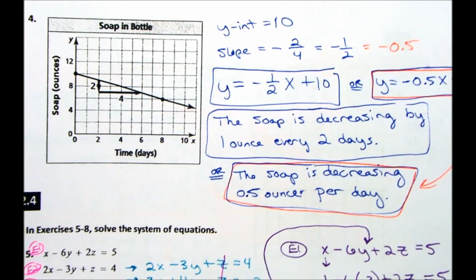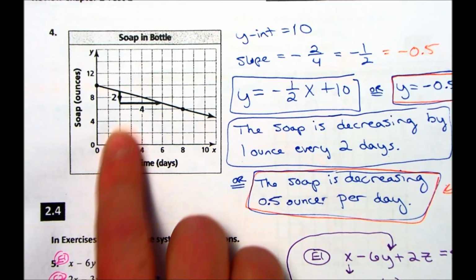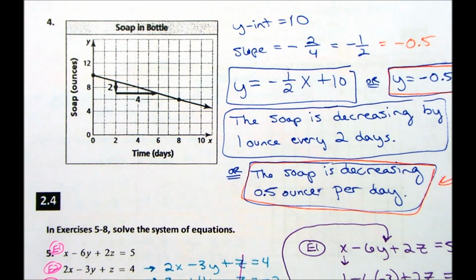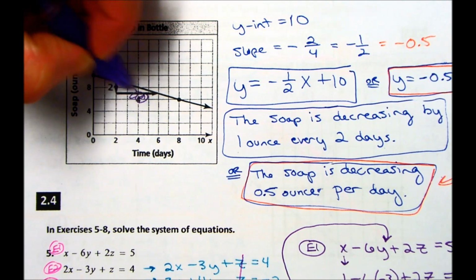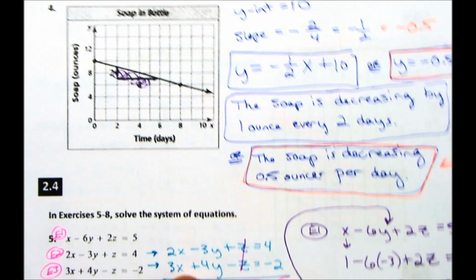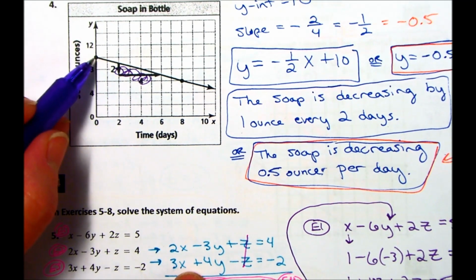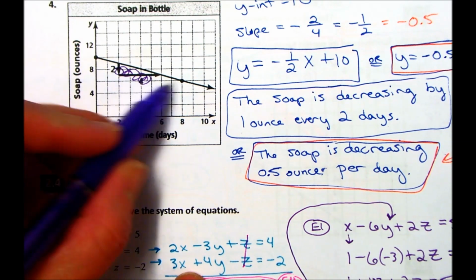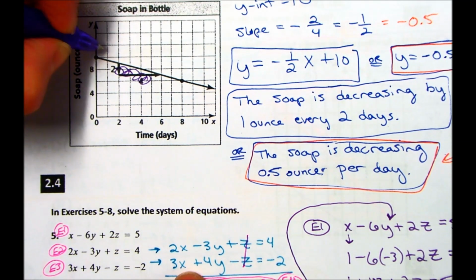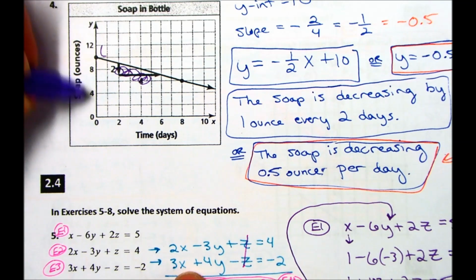Example problem 4. Again, you will probably not be given this on your test. What you will need to do is find 2 points, and I believe they're going to be given to you, but this one is a pretty easy point. If you look at your intervals here, if this is 0 and this is 4, then that has to be 2.